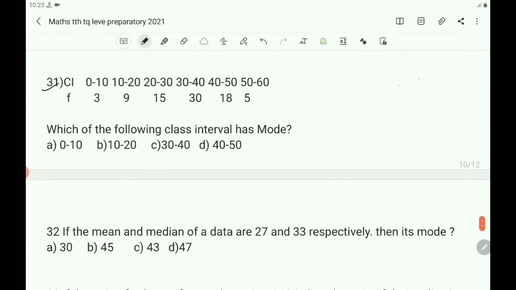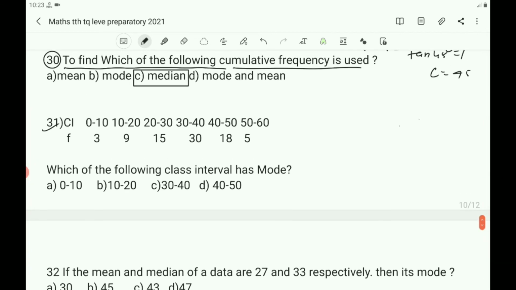Next, question number 31. Which of the following class intervals has the mode? So you know the modal class. How will you get the modal class? The class having the maximum frequency. So which is the maximum frequency here?